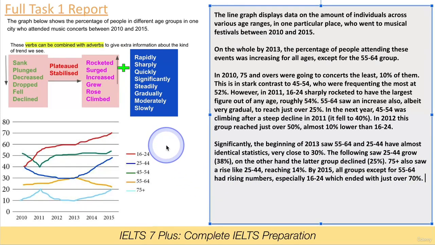Okay, and maybe we can pick on another group here. Maybe we could say, oh, let's see, 25 to 44, or 45 to 54. After plateauing for a few years, we're making sure that we're spelling this correctly.